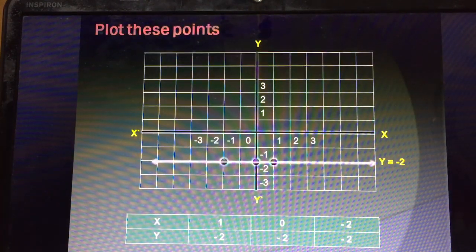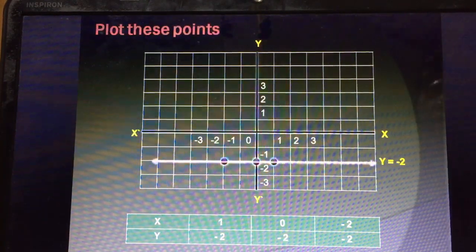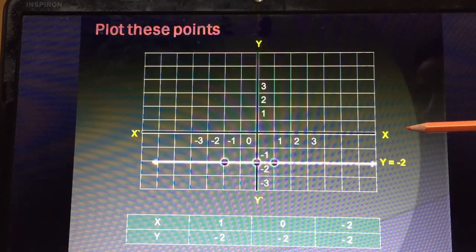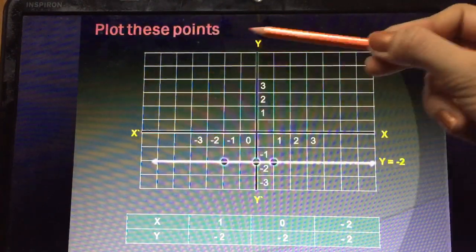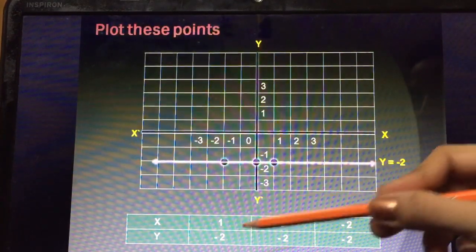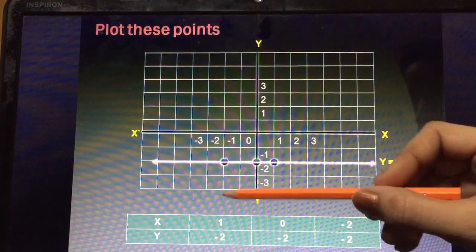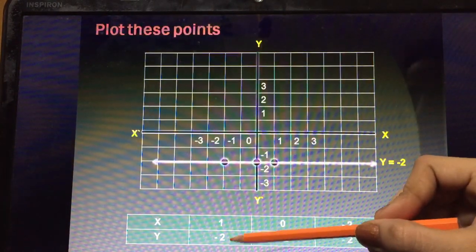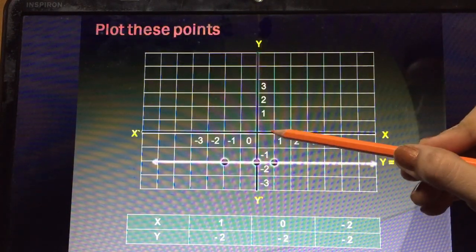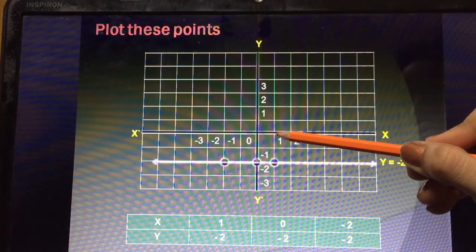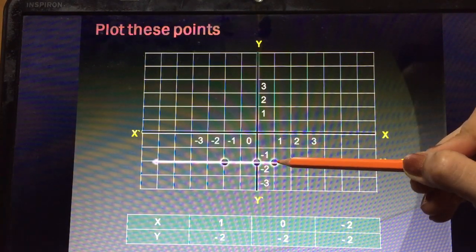Now we'll plot these ordered pairs on the graph paper. We'll take a graph paper, we'll draw number lines perpendicular to each other, x dash x and y dash y, and then we have to plot these 3 ordered pairs on this graph paper. The first one is (1, -2). So 1 of x means this is your 1 coordinate of x, and -2 of y, that means down here.